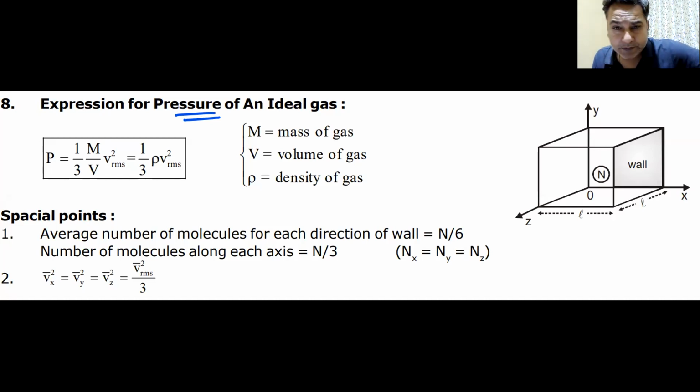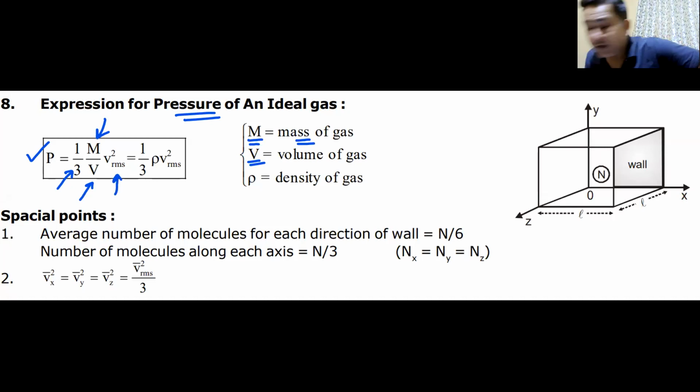I hope you understand this expression for pressure. Pressure P is equal to 1 by 3, this 1 by 3 factor comes multiplied by capital M. This capital M is the mass of the gas. This V is the total volume of the gas, and this V RMS square is the RMS velocity squared for the gas.